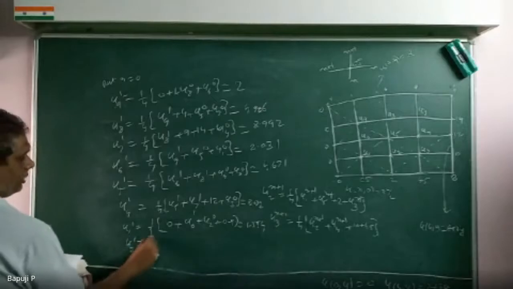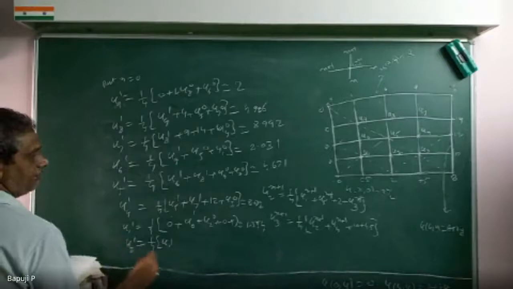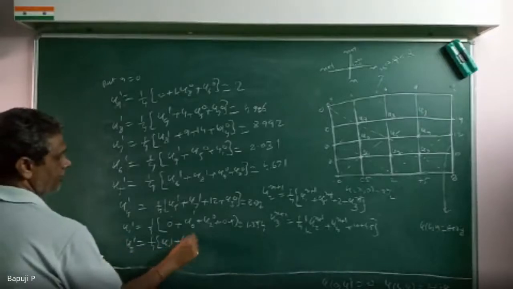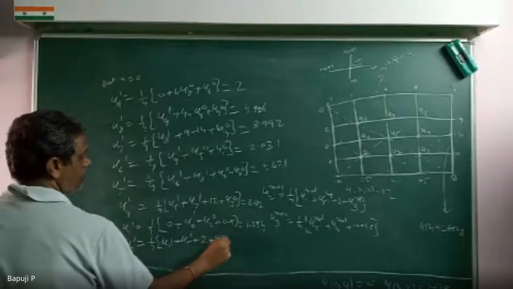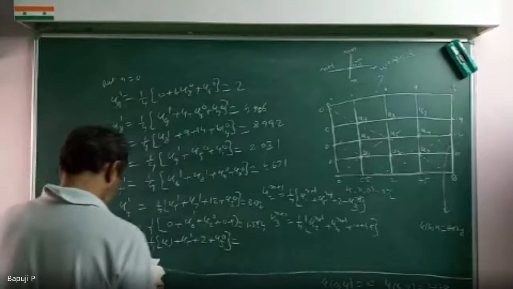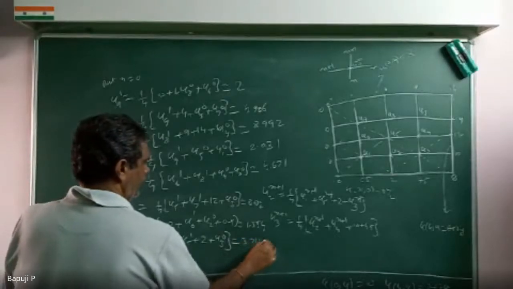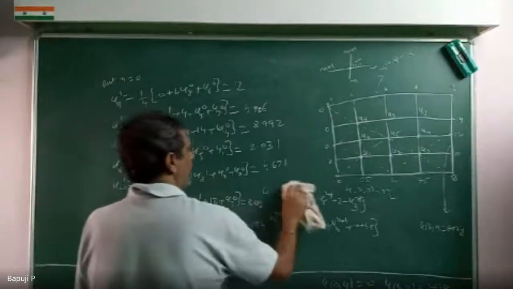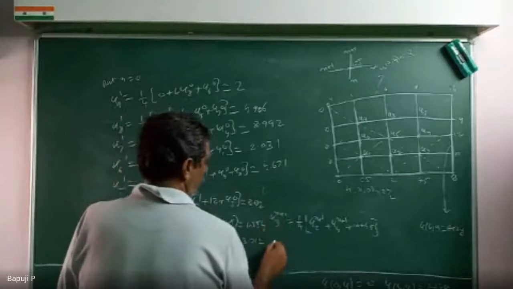Then U21. U21 is equal to what? 1 by 4. U11, already this value is available, plus U51 plus 2 plus U30. Everything is available, just substitute. U21 is equal to what? 3.712. Here put n is equal to 0, what do we get?